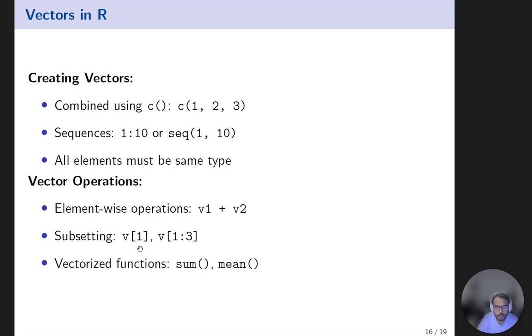You want to extract the first element of that vector. So you type v[1]. The 1 over here refers to the position of the element in that vector. So 1 stands for the first position, 2 stands for the second position. If I had typed v[2], then I would have extracted the second element of that vector.